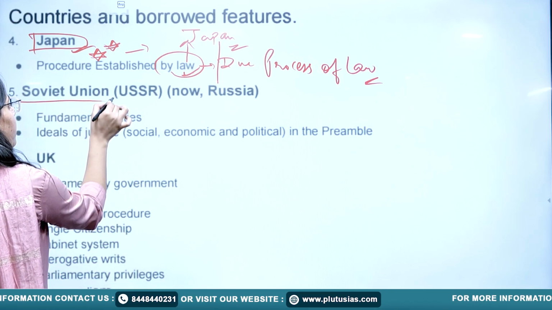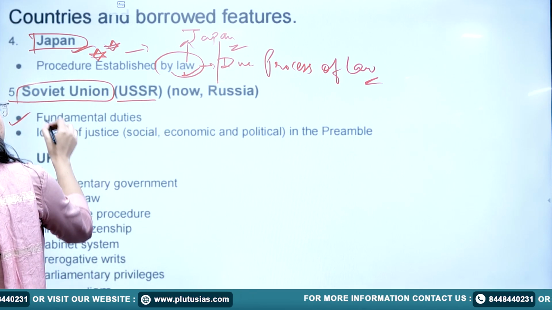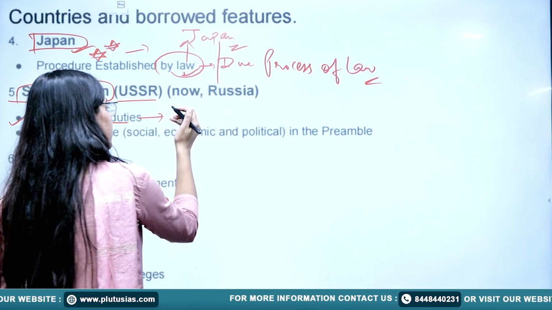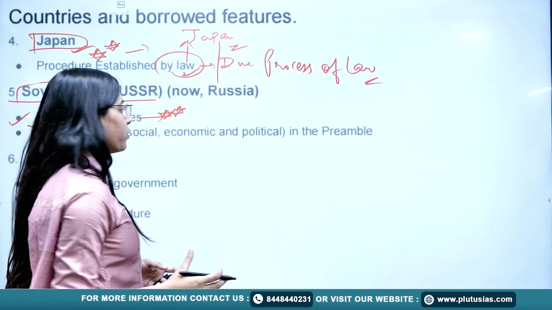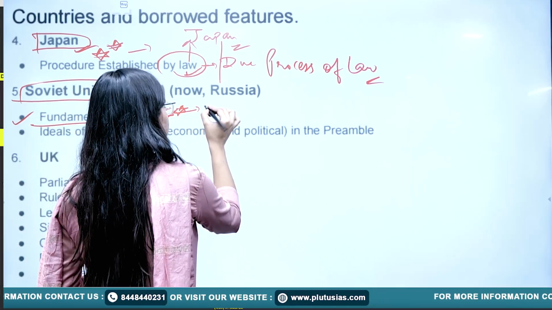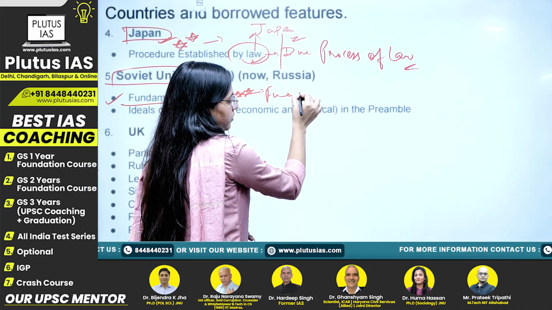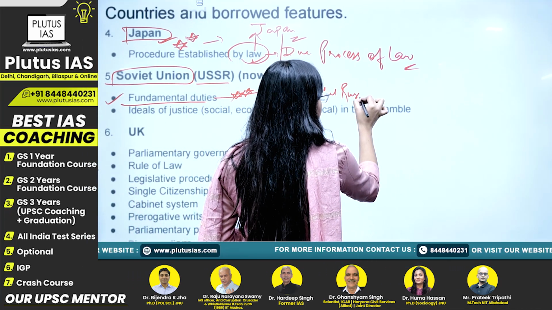After that, from the Soviet Union, USSR, now Russia, we have taken the fundamental duties. This is very important. These are pointer questions, these things will be in your tips, like fundamental duties. We have taken them from Russia.